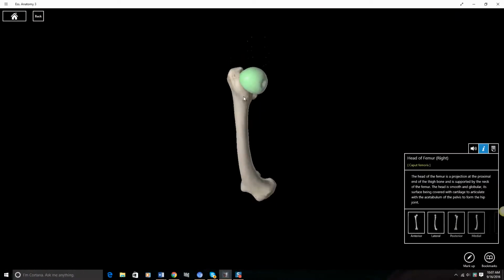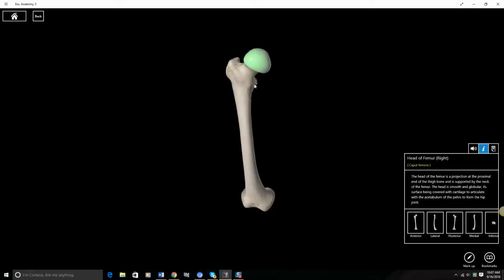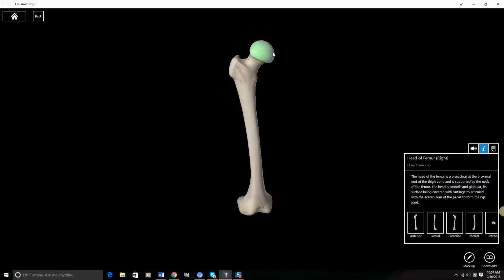We see that when somebody has osteoarthritis, what that really is, it's degeneration of this cartilage. The cartilage breaks down over time because of stress. And as the cartilage becomes broken down, it wears away and it becomes thinner.